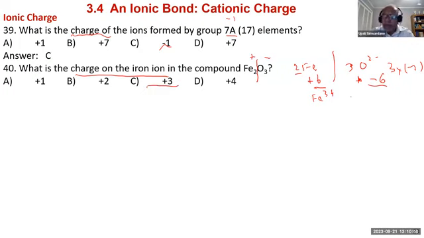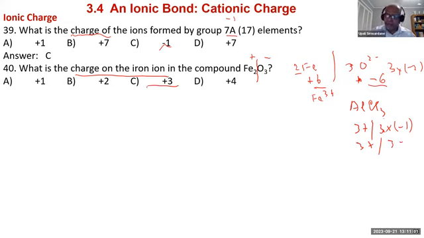For example, aluminum chloride. Aluminum is 3 plus. Three chlorides multiplied by -1. This side becomes 3 plus and this side becomes 3 minus.